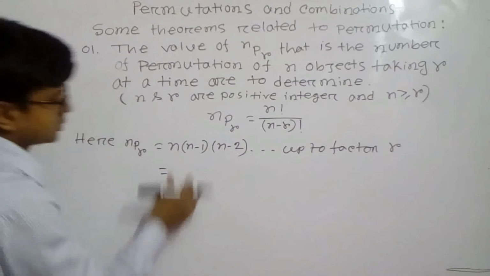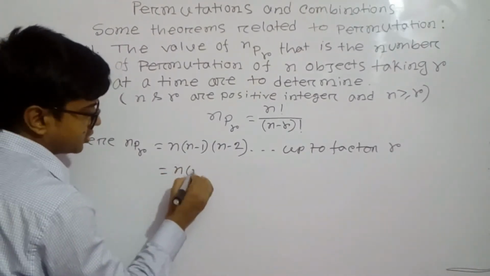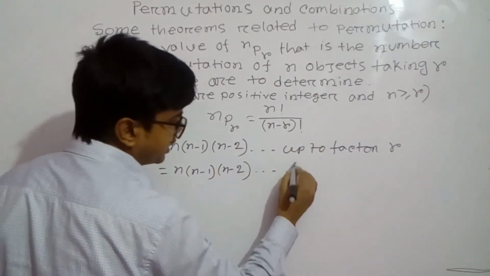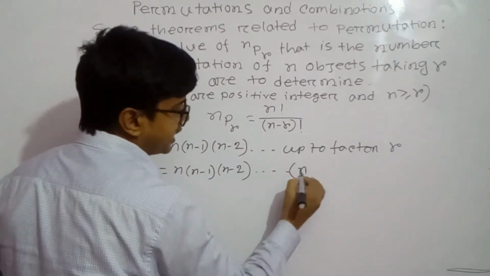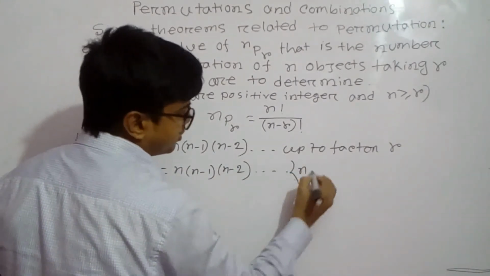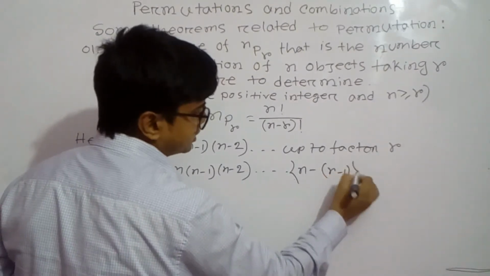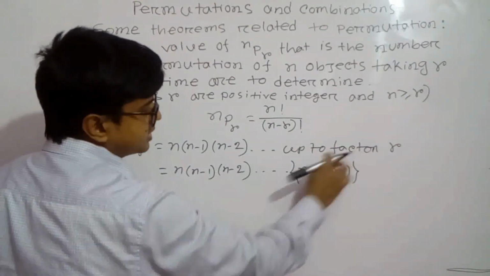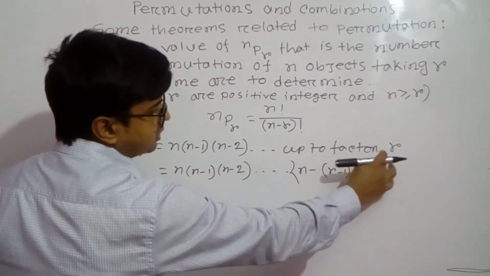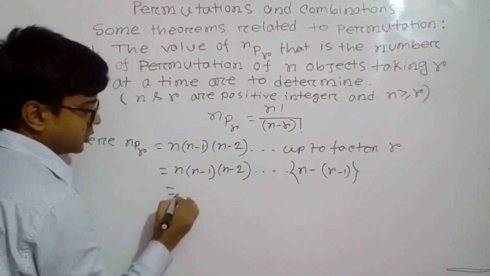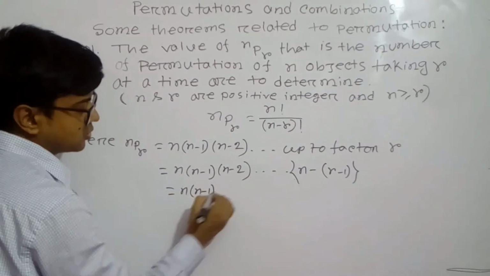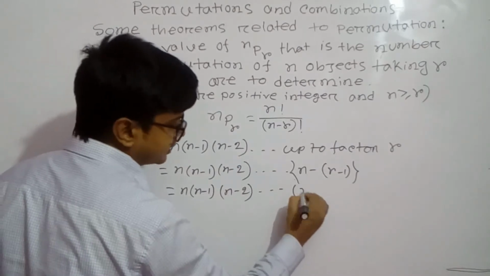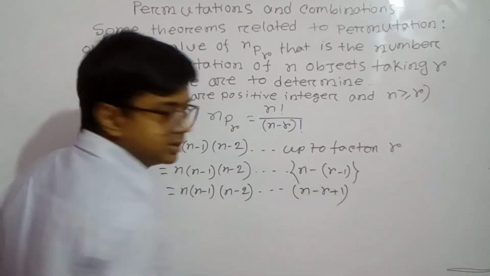So we can write n into n minus 1, n minus 2 and so on, n minus r minus 1, which is the number of r factors. So n into n minus 1, n minus 2, and so on, we can write n minus r plus 1.